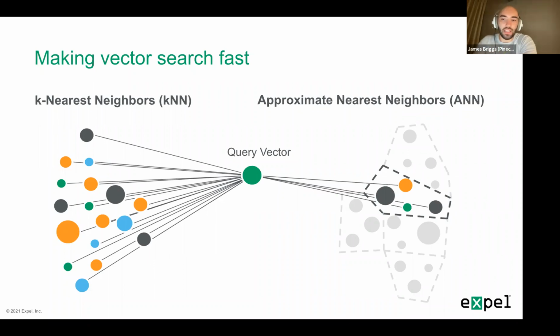Now, with approximate neighbors, we can reduce search times that would have previously taken tens of seconds or more with k-nearest neighbors to tens of milliseconds or even less. So it is a very efficient way of searching.